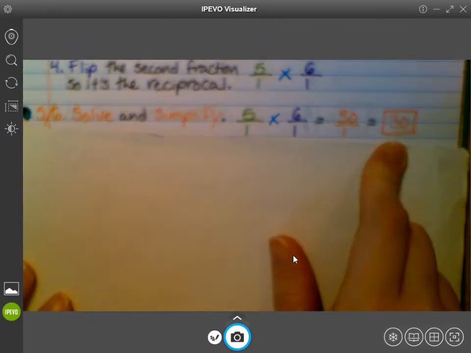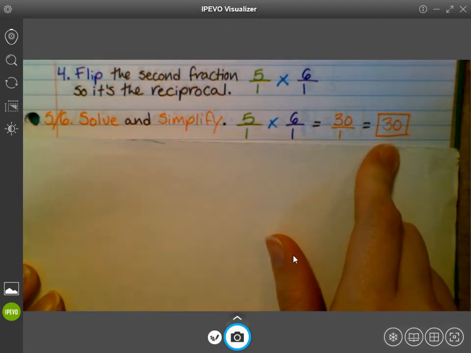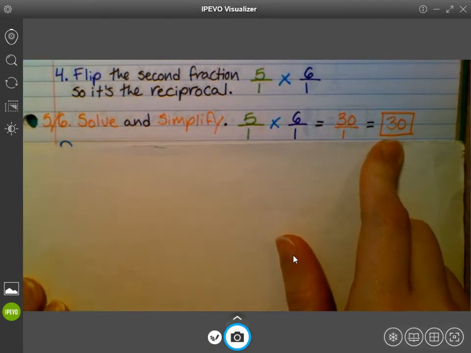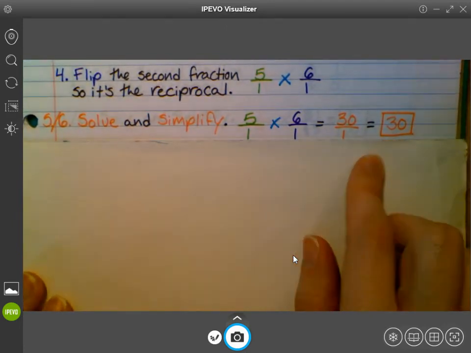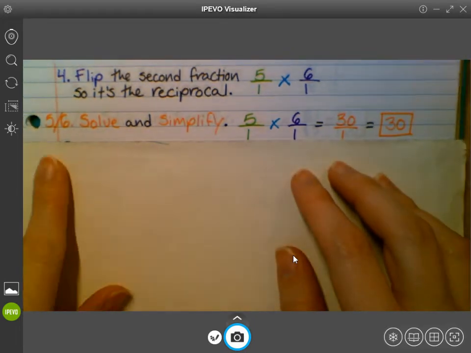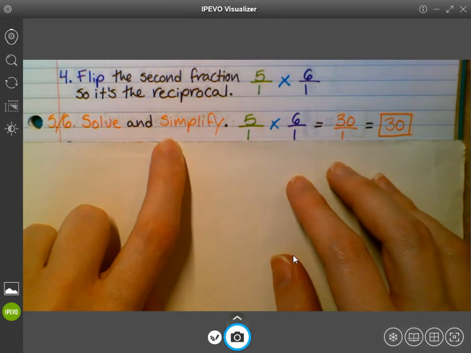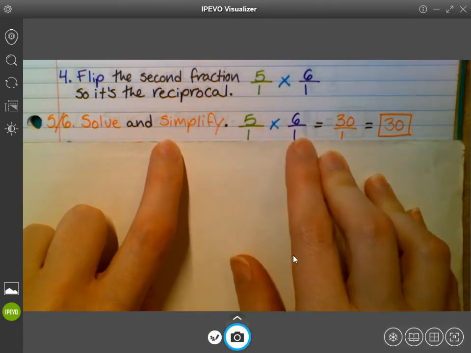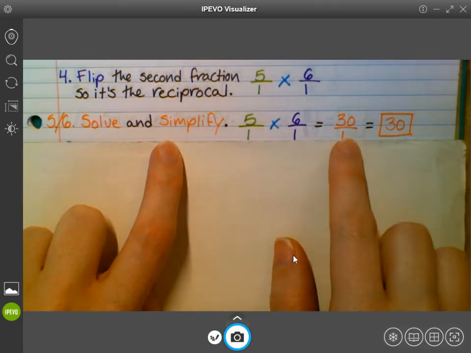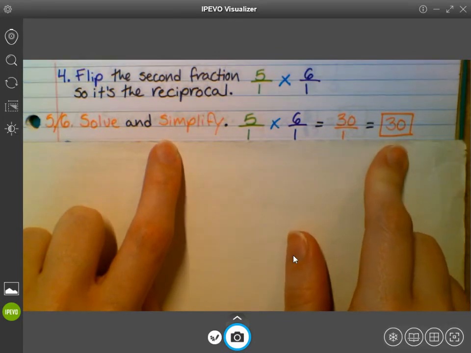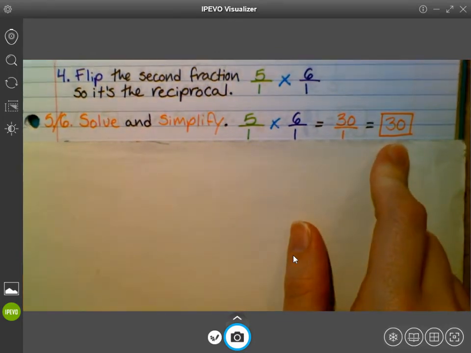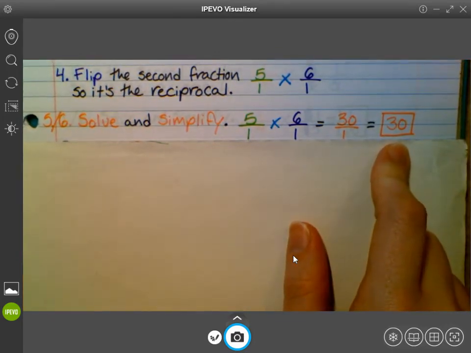So like I said, I'm going to show you something silly to help you remember it, Richie. So step 5/6, because we're solving and simplifying. 5/1 times 6/1 gets us 30/1, which can be simplified into 30. All right, are we ready to move on? Is there anyone who needs more time?